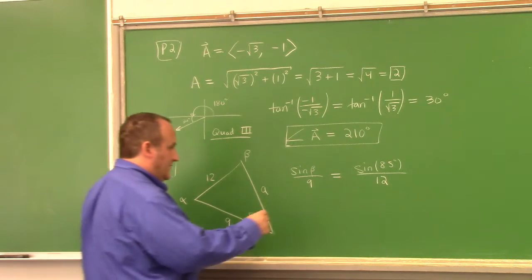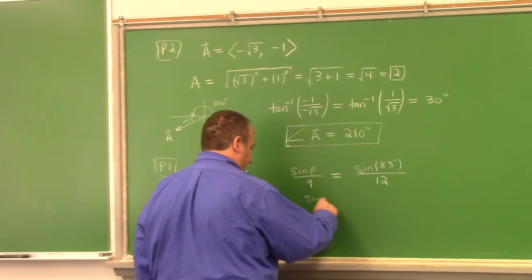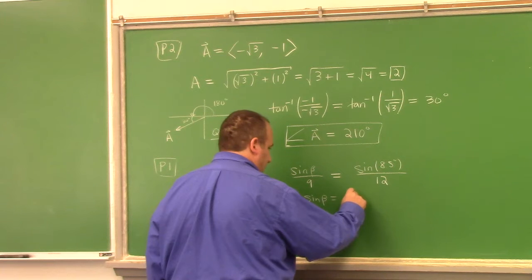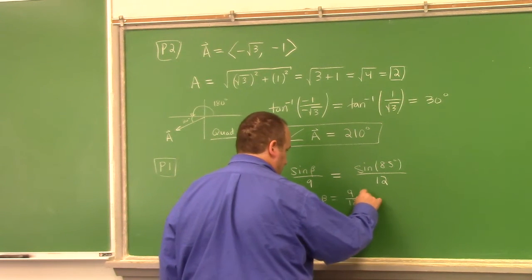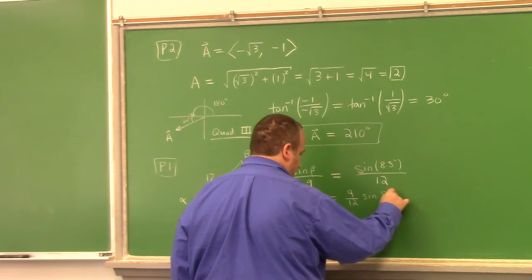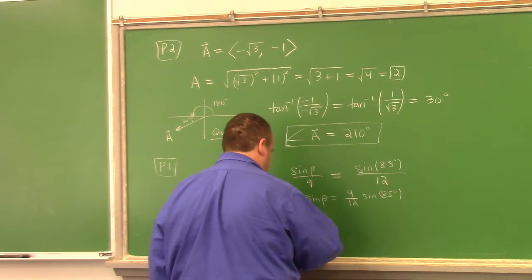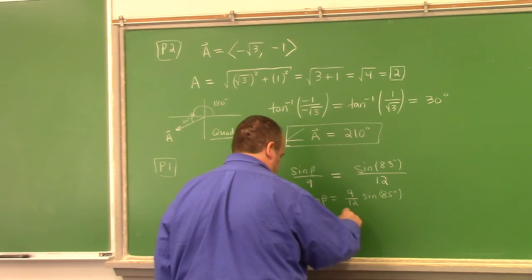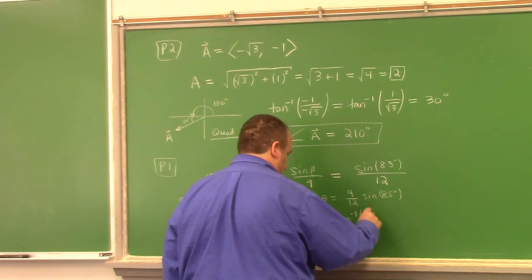And so that gives us that sine of beta is 9 over 12 times the sine of 85, which gives us that beta is the inverse sine of 9/12 times sine of 85 degrees.